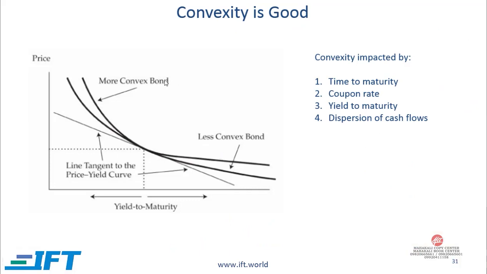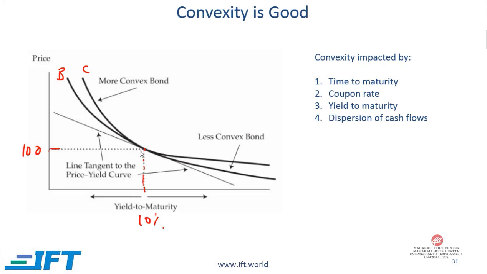Let us now consider the impact of convexity on a bond investor. Say we have two bonds, bond B and bond C. As you can note over here, bond C is more convex or more curved relative to bond B. Say that at a given point in time, both bonds have the same YTM of 10% and the same price, which is 100.